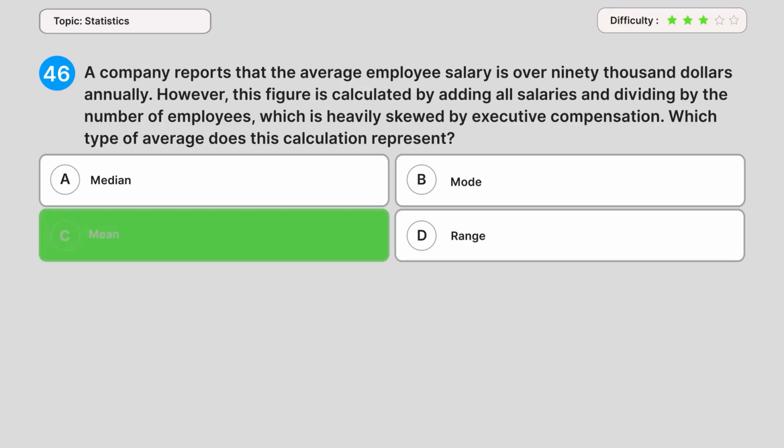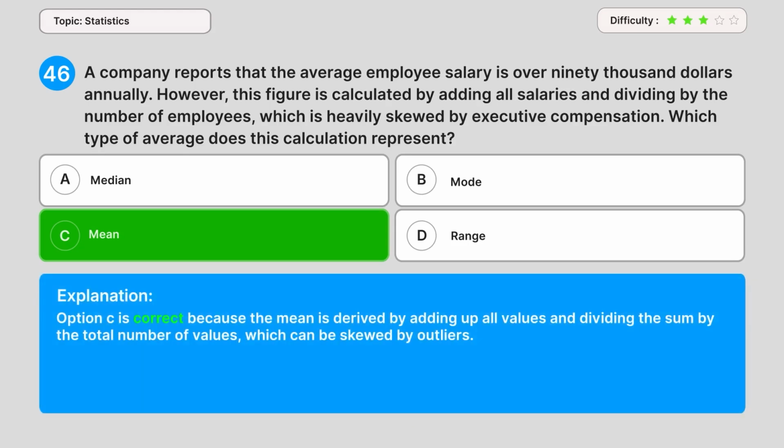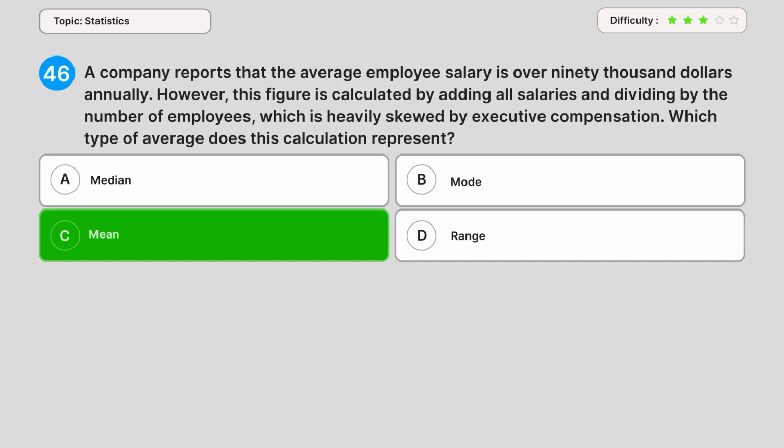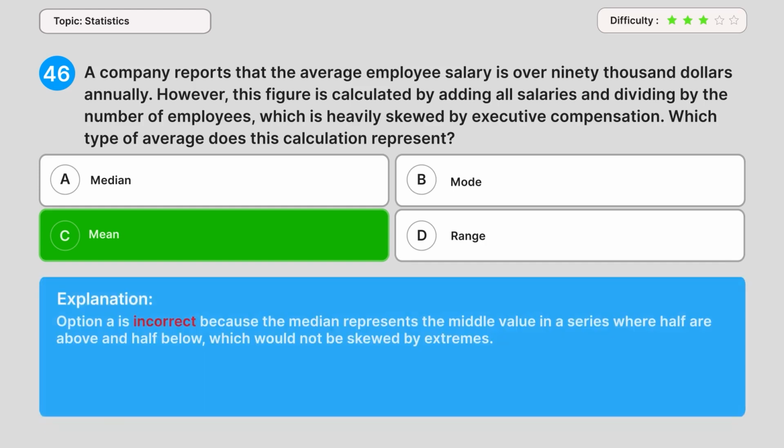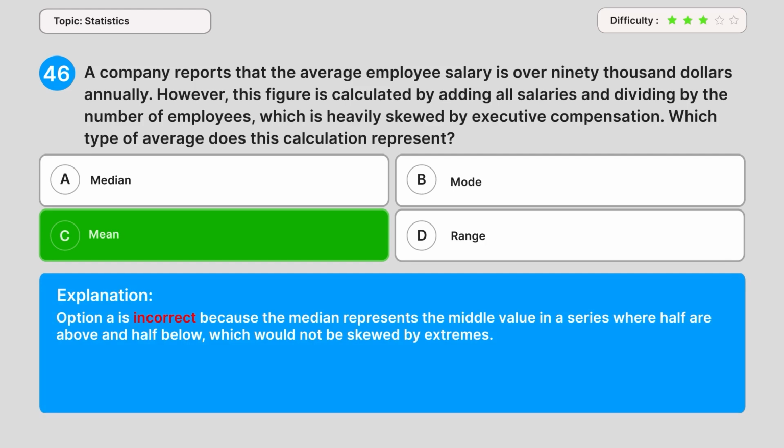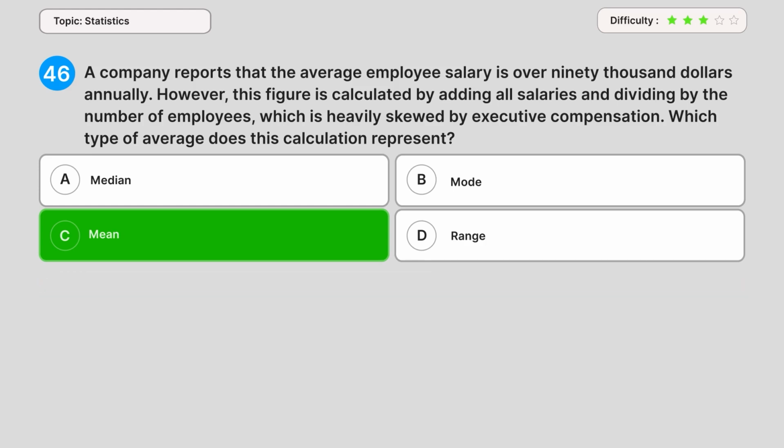Correct answer, C. Mean. Explanation. Option C is correct because the mean is derived by adding up all values and dividing the sum by the total number of values, which can be skewed by outliers. Option A is incorrect because the median represents the middle value in a series where half are above and half below, which would not be skewed by extremes.